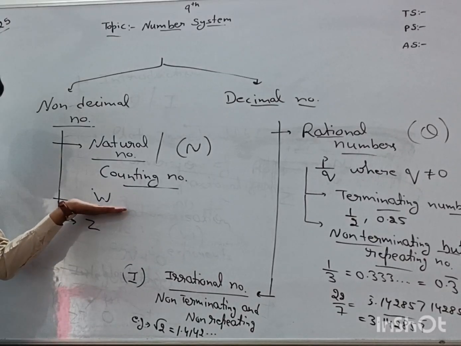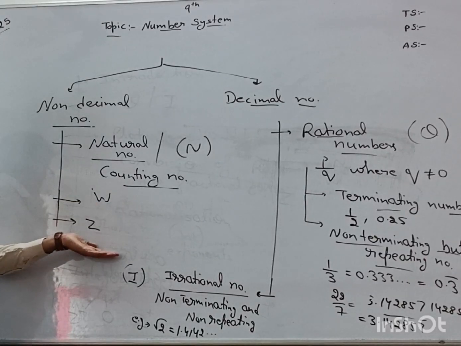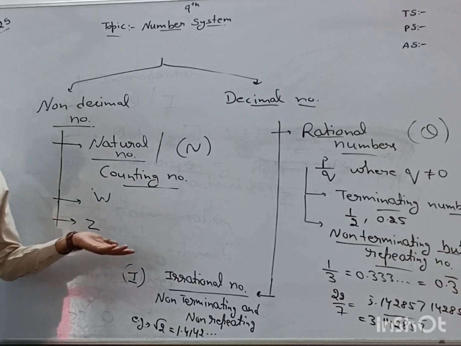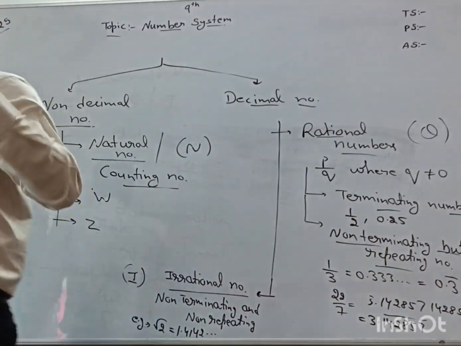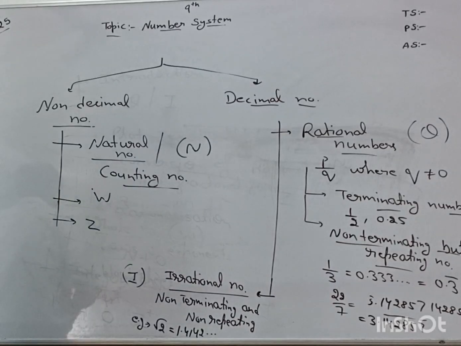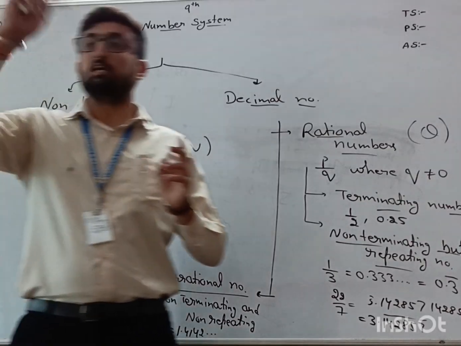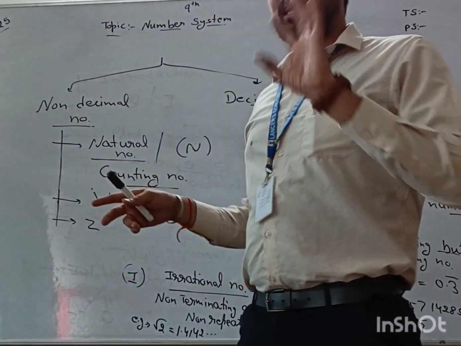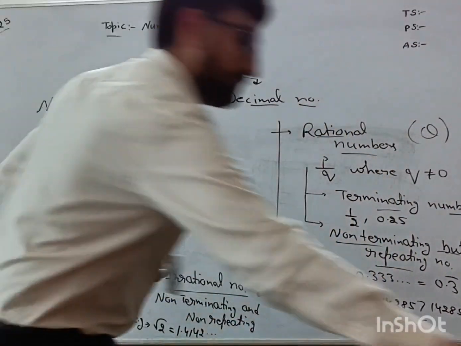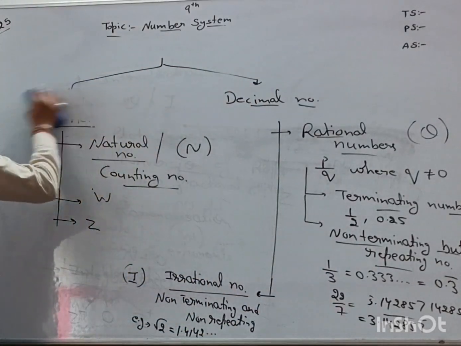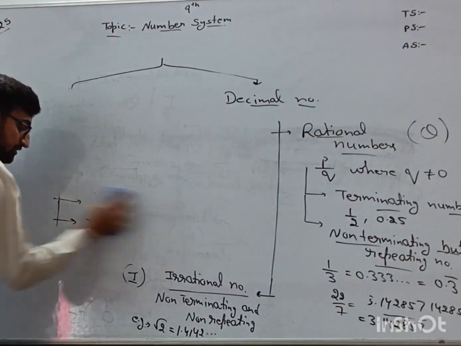Tell me, all whole numbers are integers? Yes, all whole numbers are integers. Integers are negative also, but all whole numbers are integers. All integers are not whole. Am I clear to all? For this, I have a very good concept for solving such types of questions.